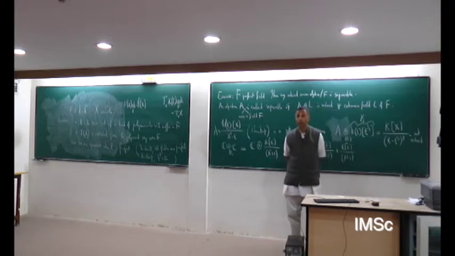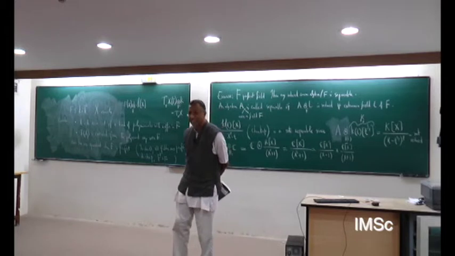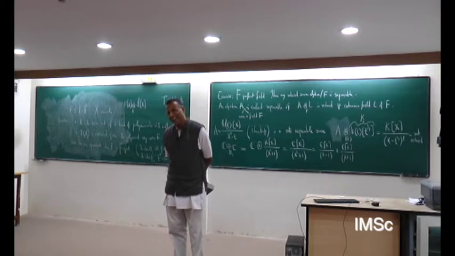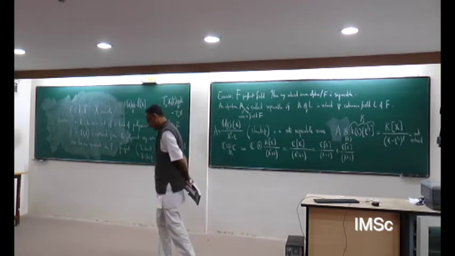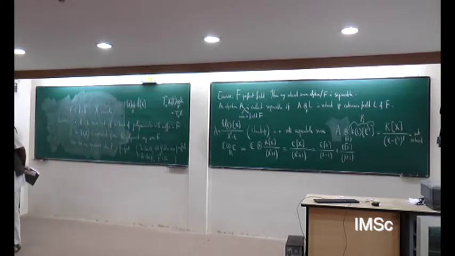Well, directly you mean? See, that has the universal property, this has the... okay, directly. Okay, I don't know off the top of my head. I see what you're saying.